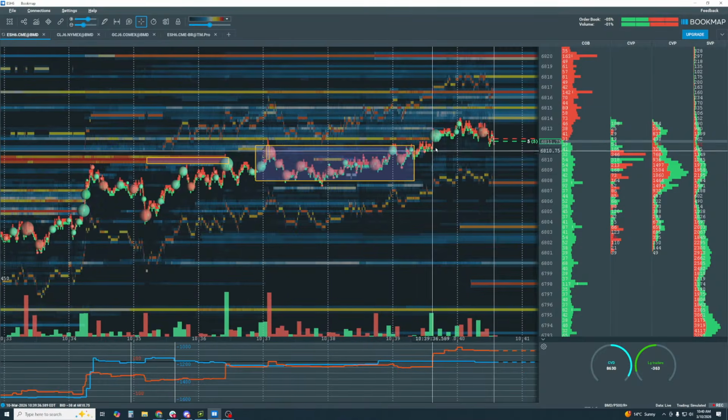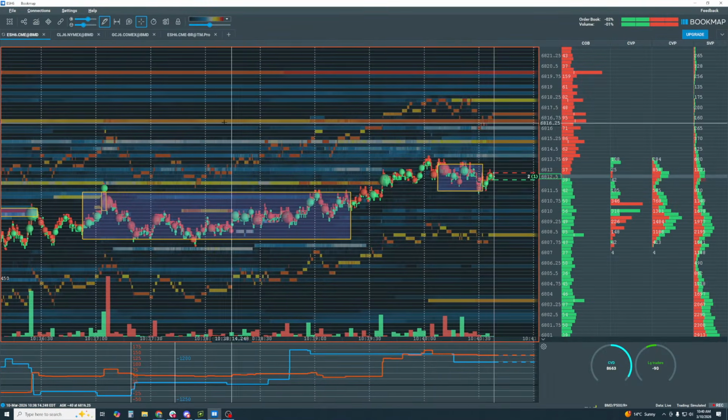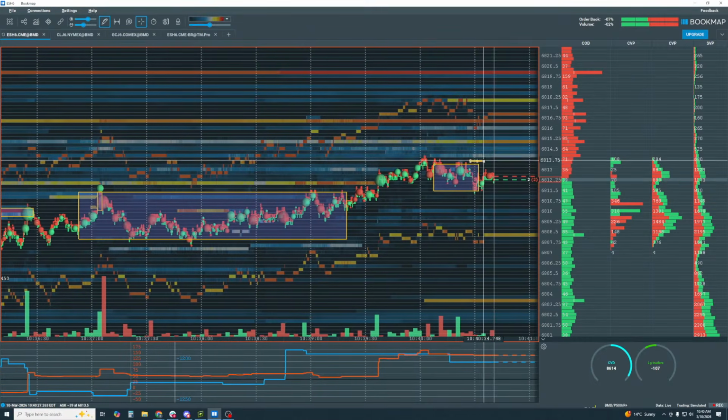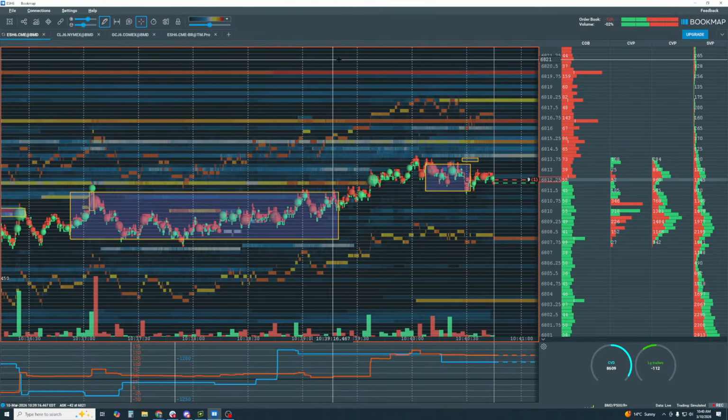Okay, well, let's see if we get even more fuel here. Okay, a little bit more here. This as fuel. If we got to get back up above it though, around this 13.75 with buyers.